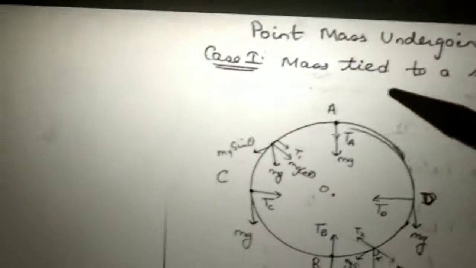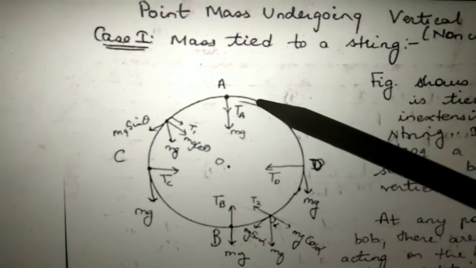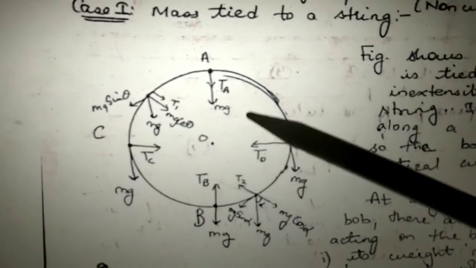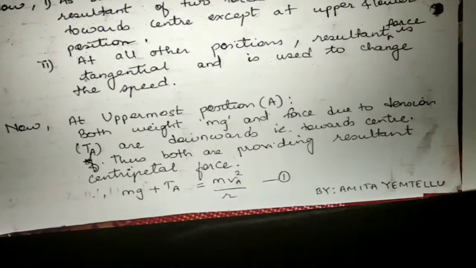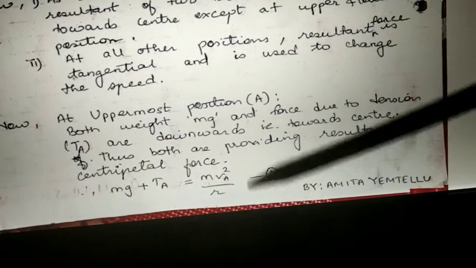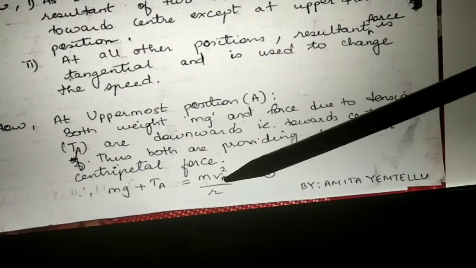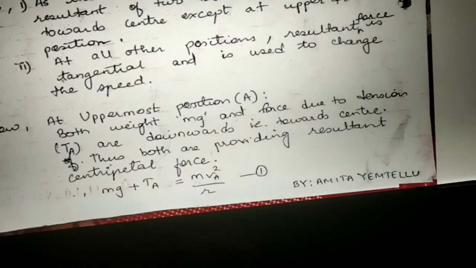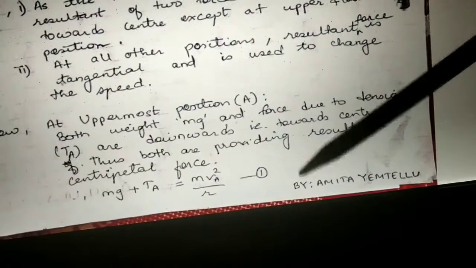Why plus? Because the directions of mg and Ta are the same, along the center, so we add both terms. mg plus Ta equals m va squared upon r, where va is the linear speed at position A. This is equation number 1.